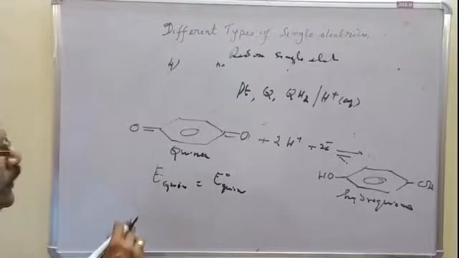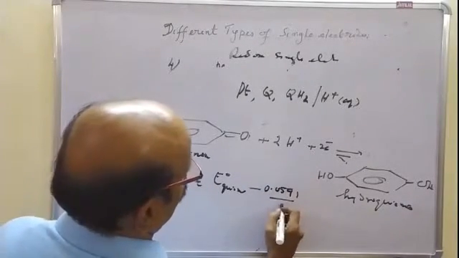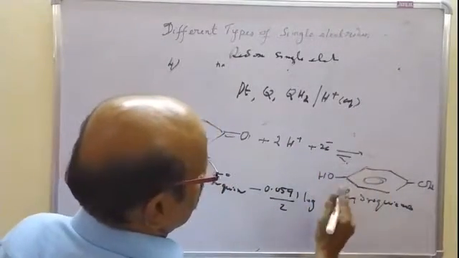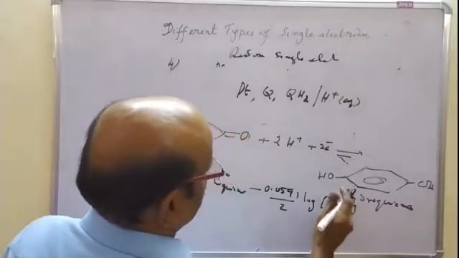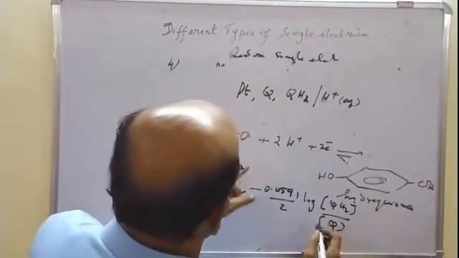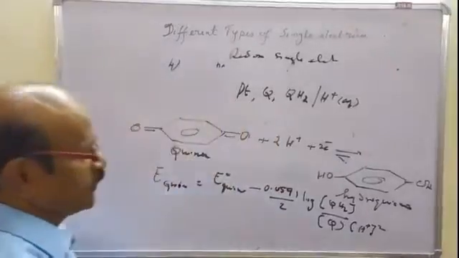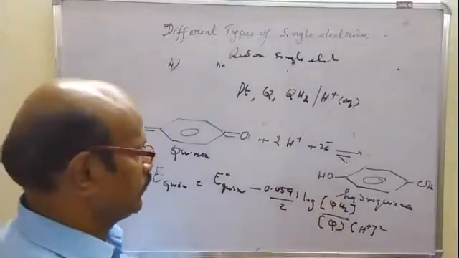So E0 minus 0.0591 by 2, where 2 stands for the electrons, log of the concentration of hydroquinone QH2 divided by the concentration of quinone into the concentration of H plus the whole square. Now this is equimolar. Since they are equimolar, the ratio is taken as 1.